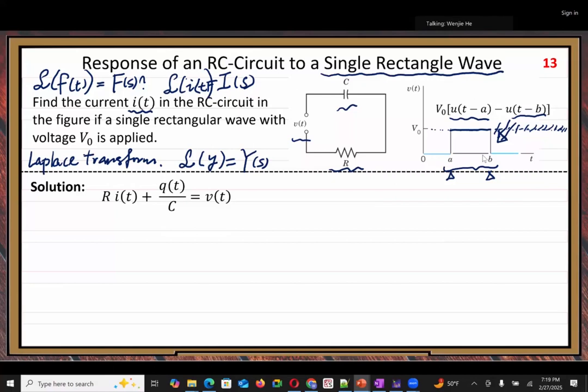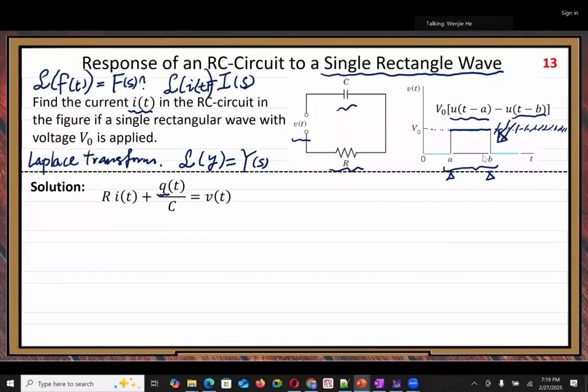Then here you can see the original capital Q becomes little q of t. Before, we used capital Q to represent the electric charge, the total electric charge. But here we need to use capital Q to represent the Laplace transform of this function.